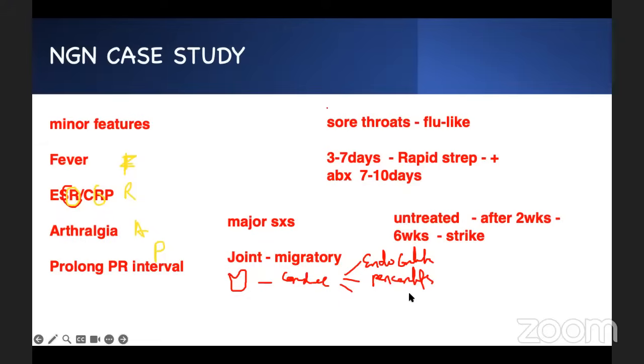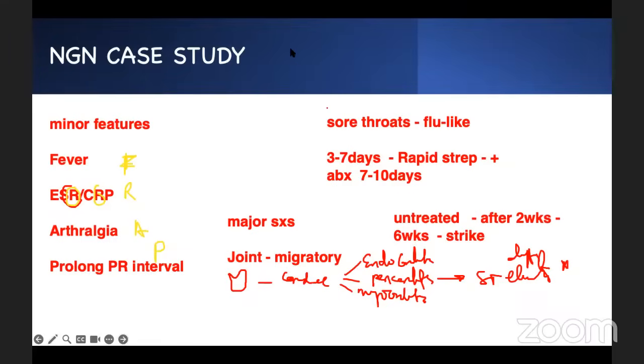And the muscle itself is the myocarditis. This is what the kid had with the diffused ST elevation. He has pericarditis associated with it. So diffused ST elevation is pericarditis. It's not myocardial infarction.